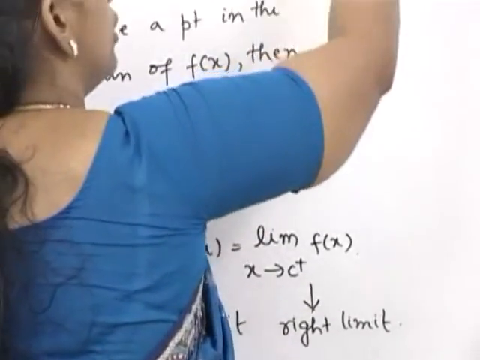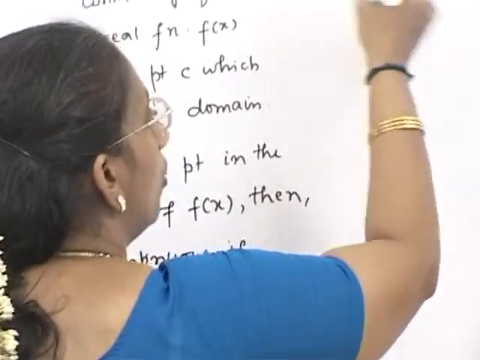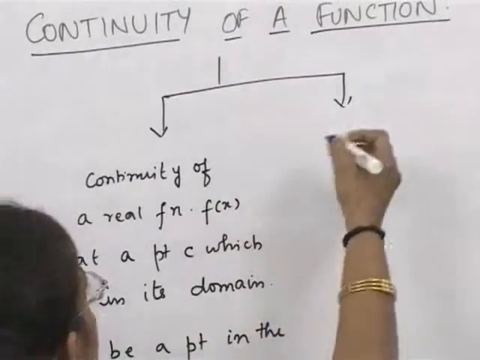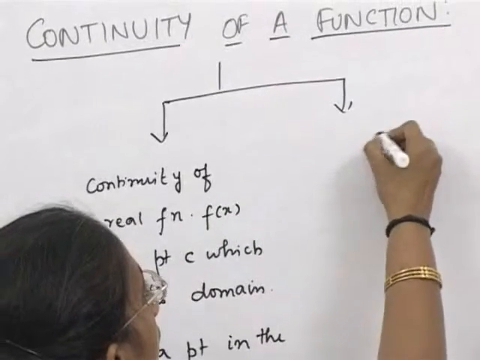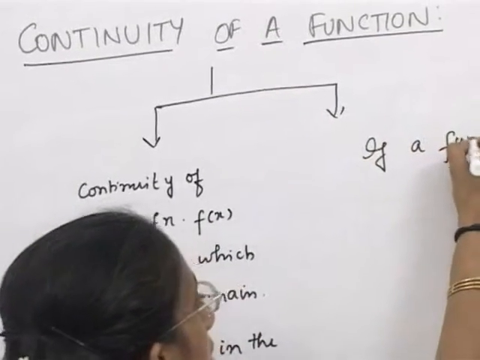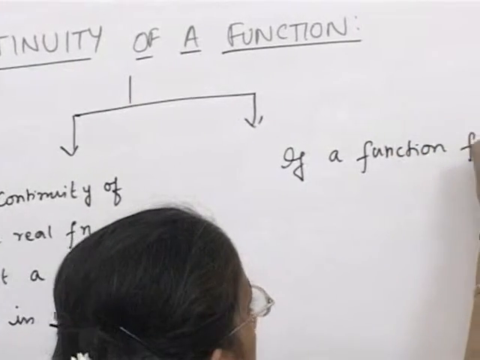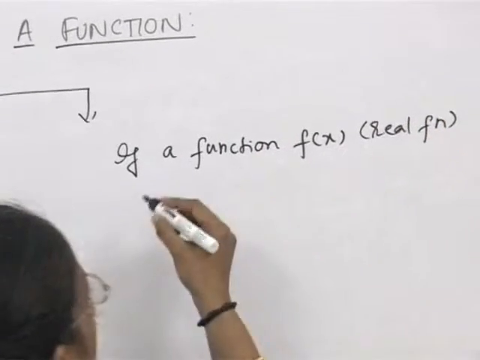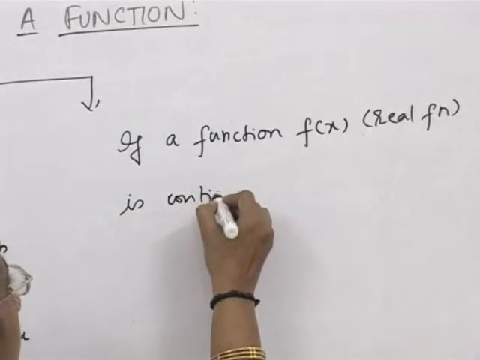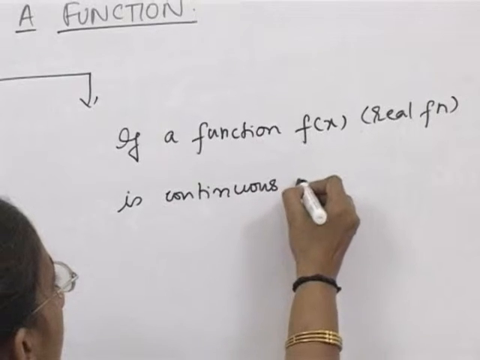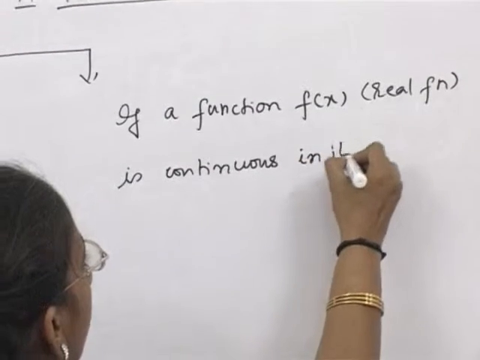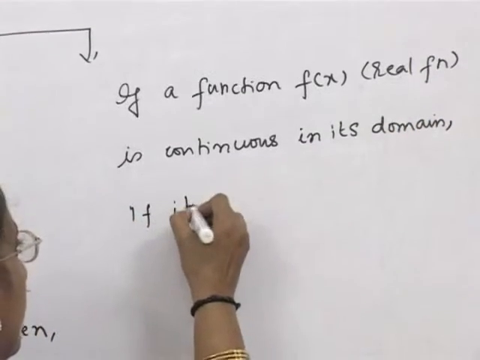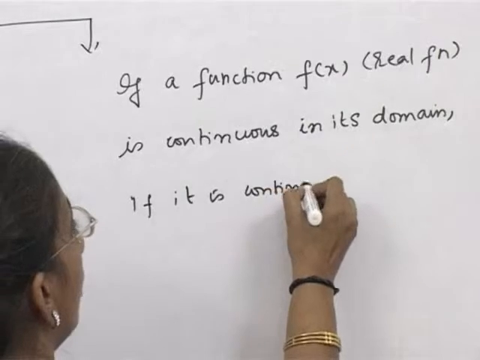Now what about the continuity of a function itself, that is in whole of its domain, you want to find the continuity of the function. So if a function f of x, now whenever we say a function, it's all real functions, a real function is continuous in its domain if it is continuous at all points in its domain.